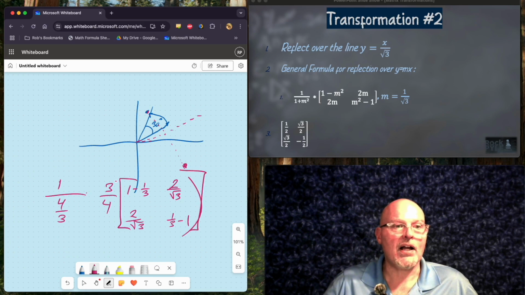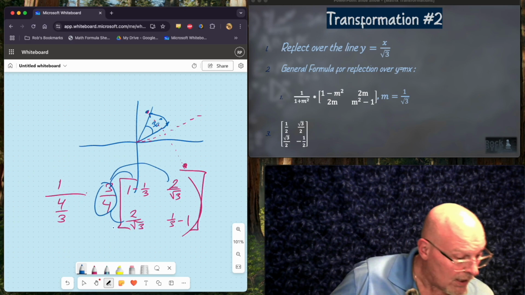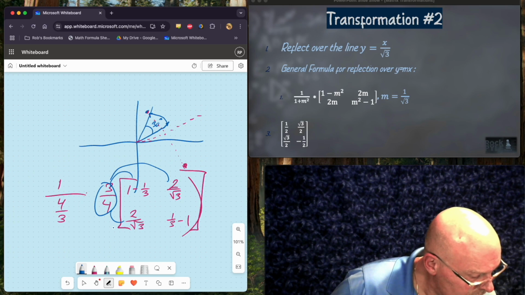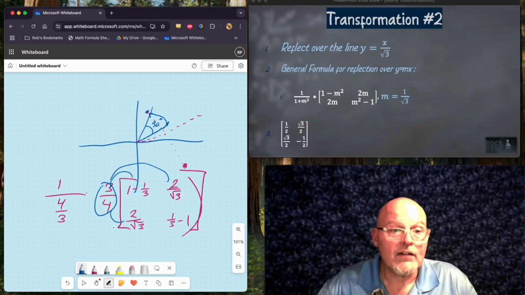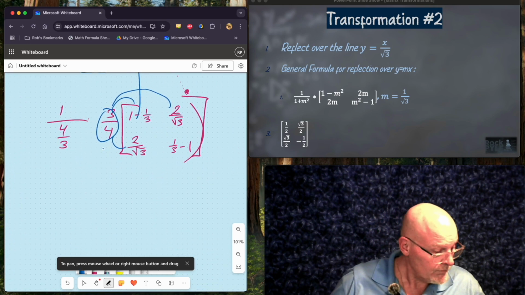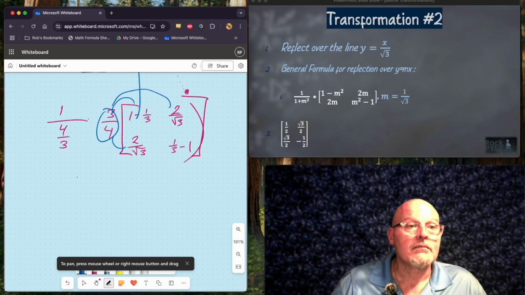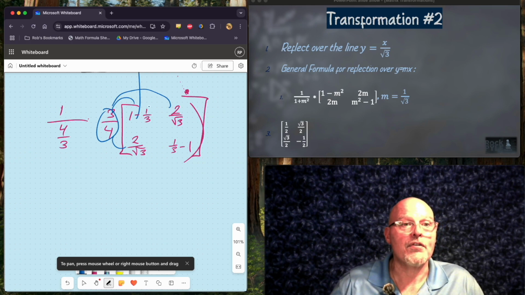When I multiply the 3/4 times each of these, let's go through this. This is 2/3, and 2/3 times 3/4: the 3's cancel, and I have 2 over 4, which is 1/2.